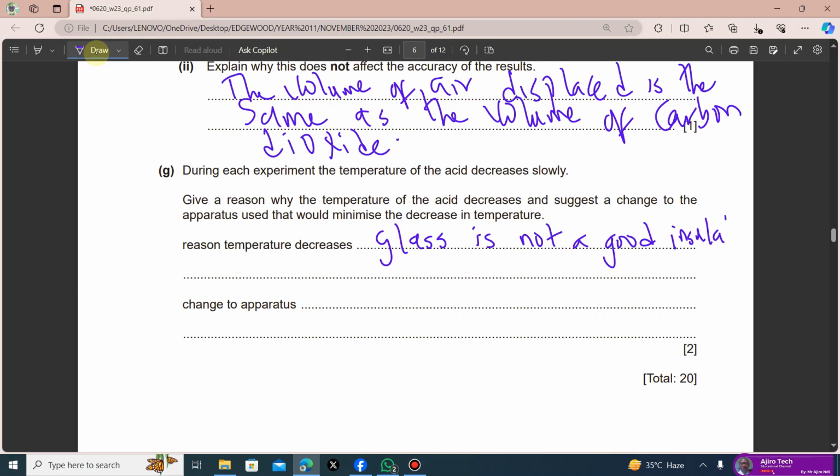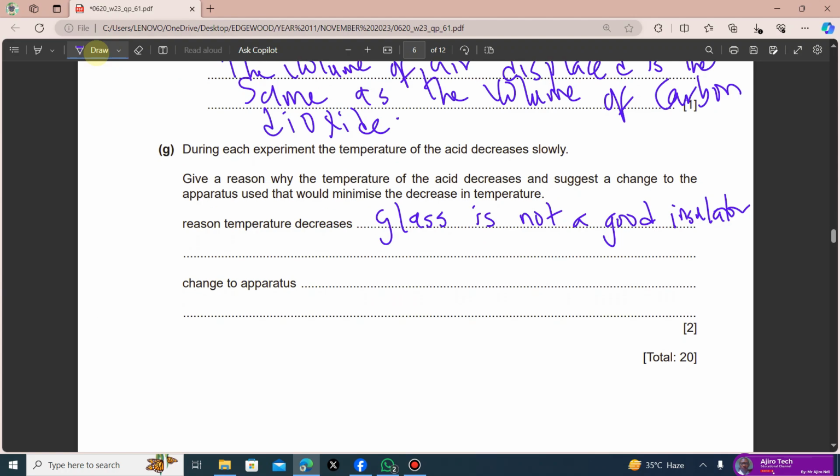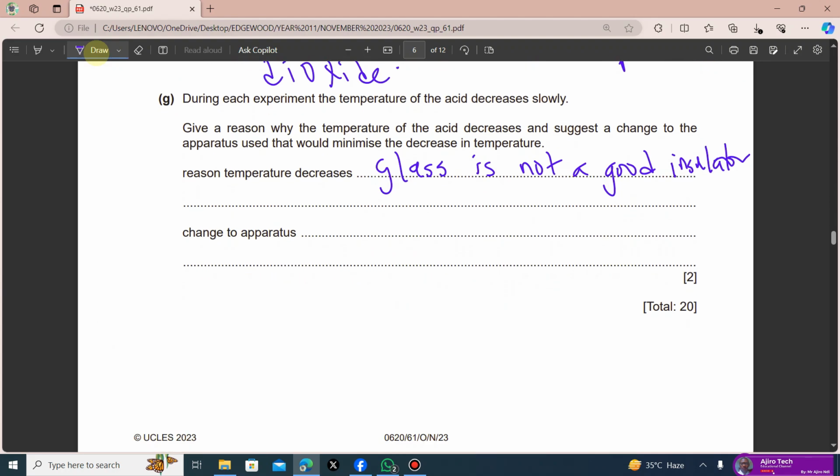Or another reason could simply be that it is lost to the surroundings. The glass is not a good insulator, or it is lost to the surroundings. Either of them would get you the required score. For the fact that the glass is not a good insulator, it means that the flask conducts, so as the flask conducts, heat is lost. So what would be the change to the apparatus?